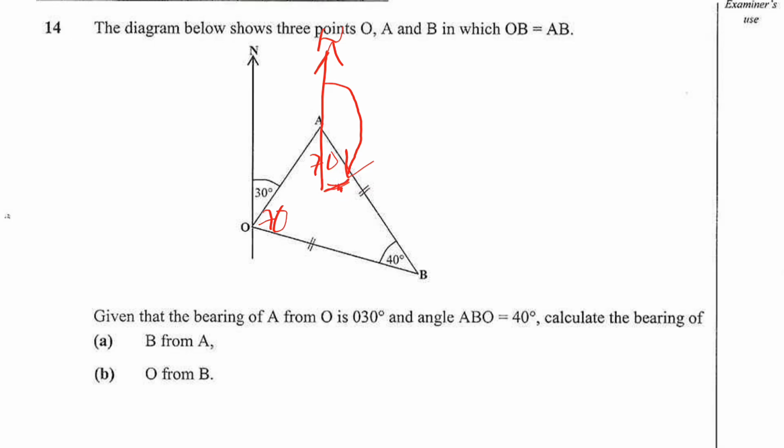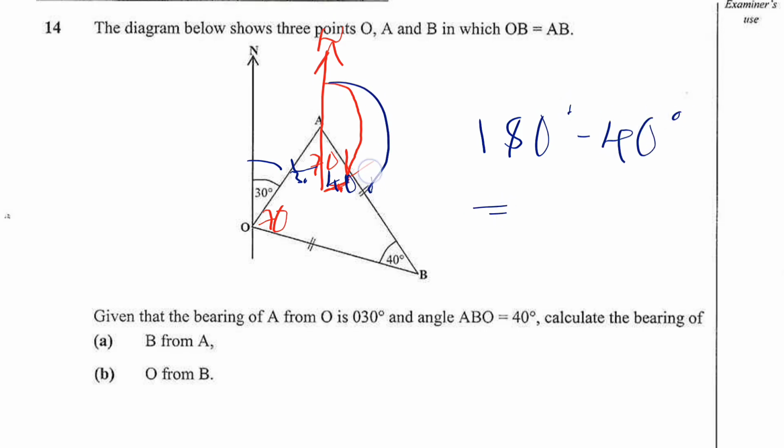We know that if here is 30, even here is 30. If here is 30, then this side is 40. So we're going to say 180 degrees minus 40 degrees to find this bearing here.